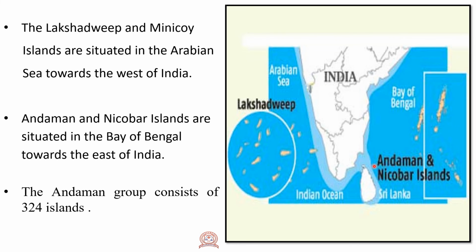Andaman and Nicobar Islands are situated in the Bay of Bengal towards the east of India. The Andaman group consists of 324 islands. Its capital is Port Blair. The capital of Lakshadweep is Kavaratti.